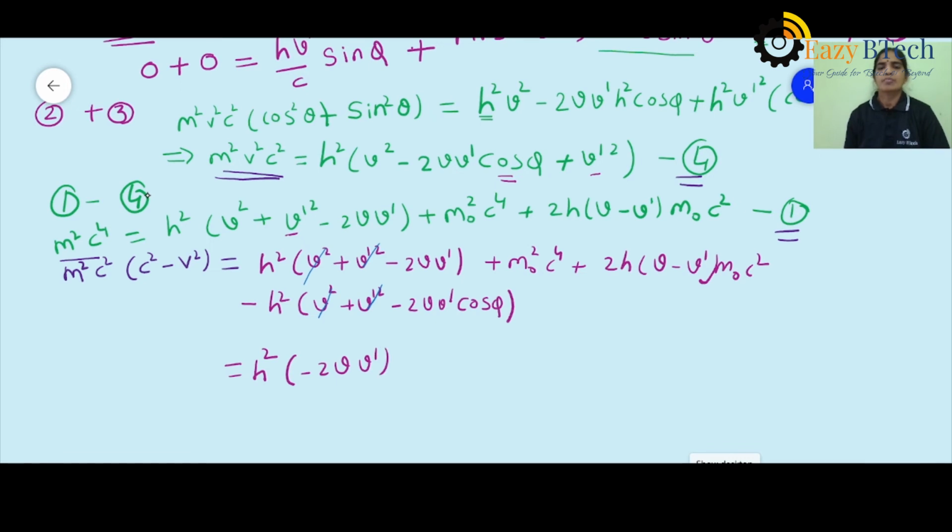Here also, minus of minus gives plus h square into 2 mu prime into cos phi. Then write the remaining things: m naught square c power 4 plus 2h into mu minus mu prime m naught c square. When I rewrite this expression, I am getting this.